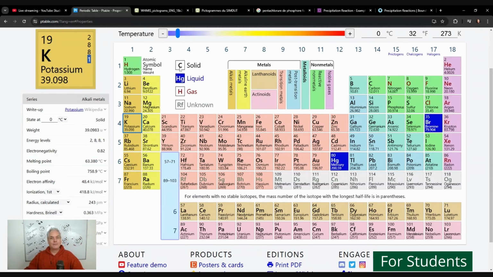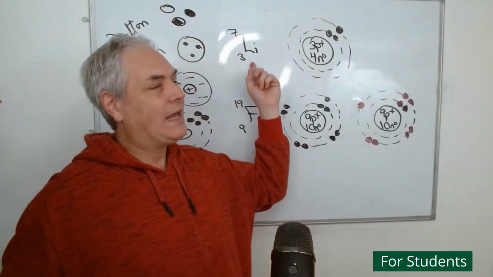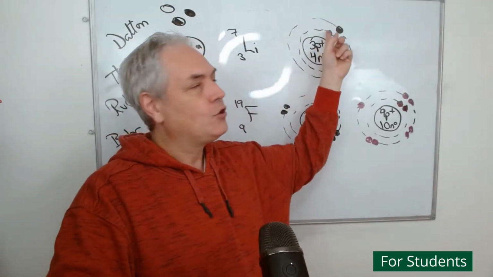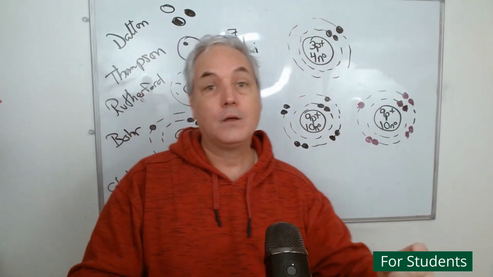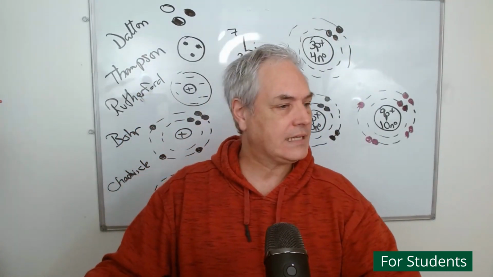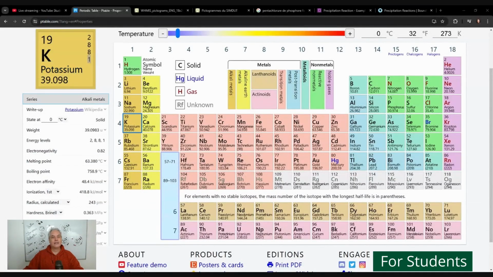When we think of the periodic table, we have to keep in mind the Bohr-Rutherford diagrams. If you look at lithium here, we have 2 electrons on the first layer and 1 on the outer layer. For sodium, you have 1 on the outer shell.